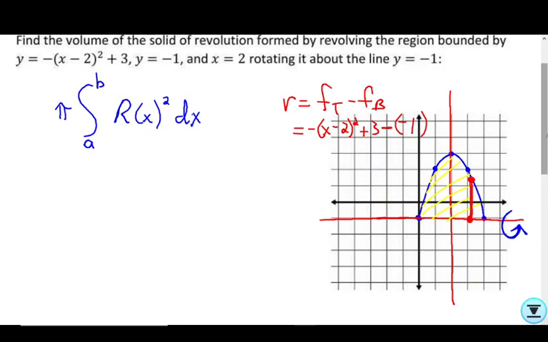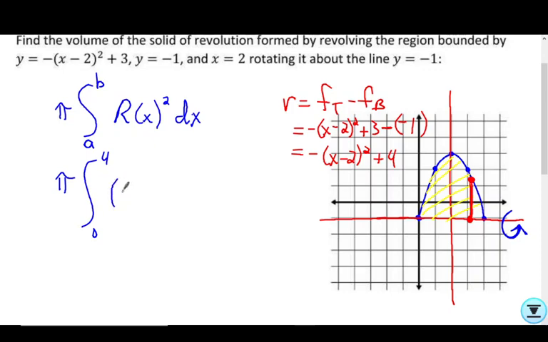Now, we can simplify this a little bit. So this would be -(x - 2)^2 + 4. Now, my area is going to start at 0 and it's going to end at 4. So we know our upper and lower limits. So now we just plug in from 0 to 4.